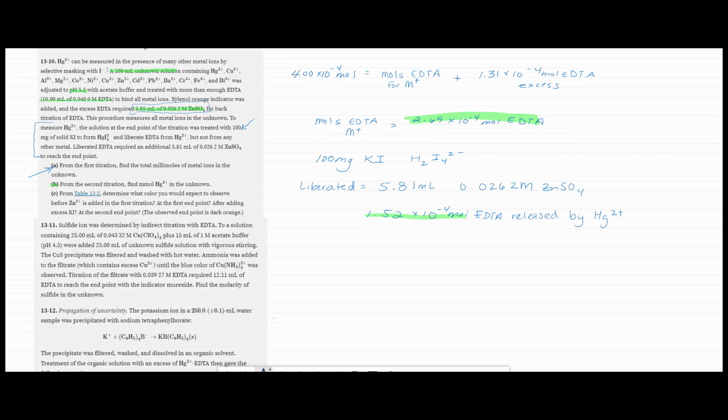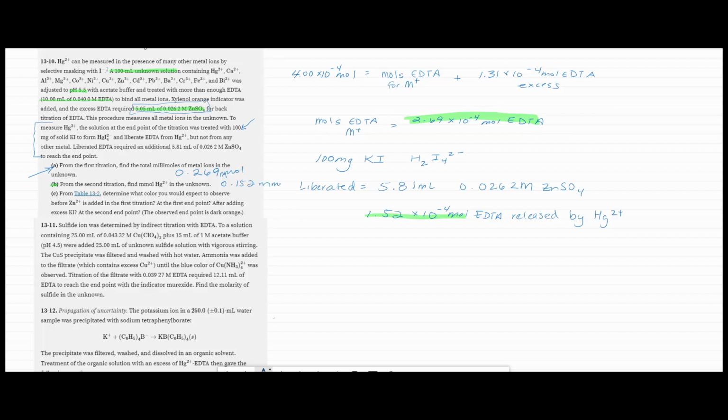The difference between moles and millimoles is a factor of 1,000. So for A, the total millimoles of metals in the unknown would be 0.269. The answer in the book looks like 0.268, but I have 0.269. Regardless, close enough.